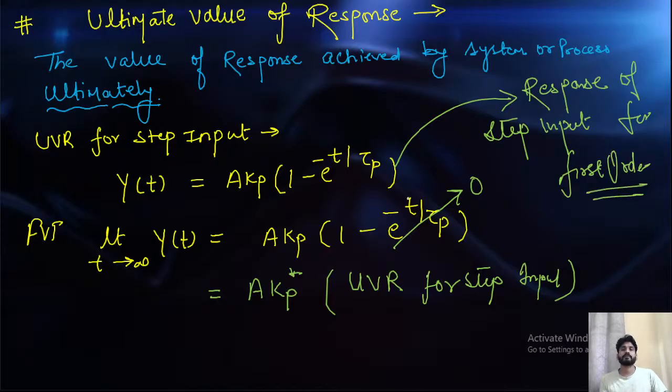This is important. It's nothing like y(t) equal to A KP into 1 minus e raised to power minus t divided by tau p is valid everywhere, whatever the input, whatever the process. It is basically calculated when a step input disturbs the first order system. So this A KP is the ultimate value of response for the step input, and it is for the first order. Remember this.